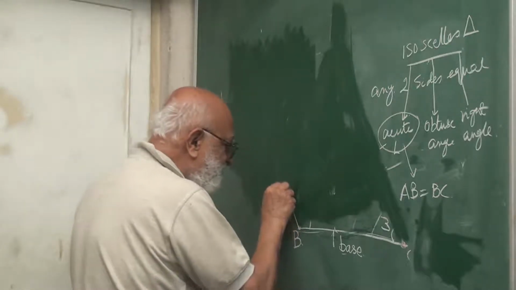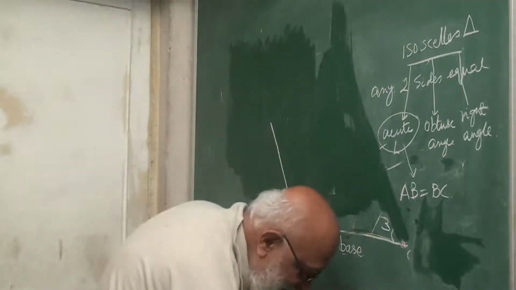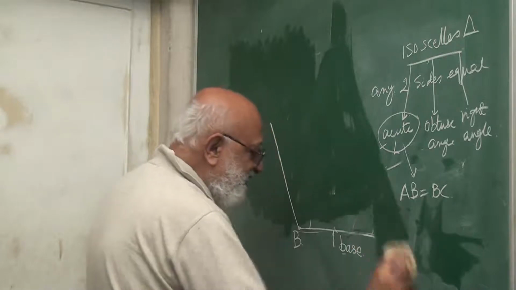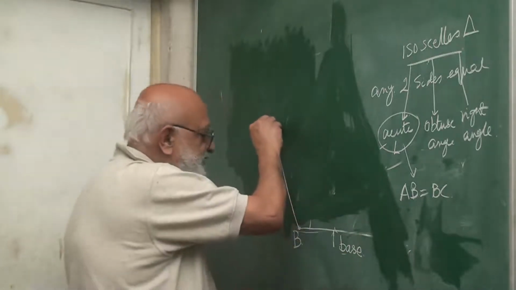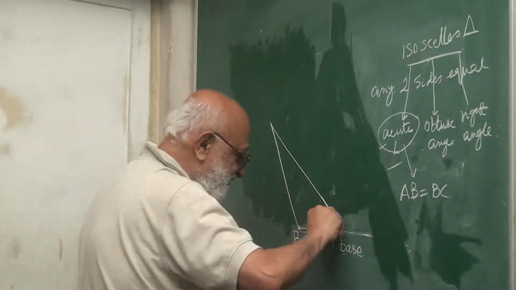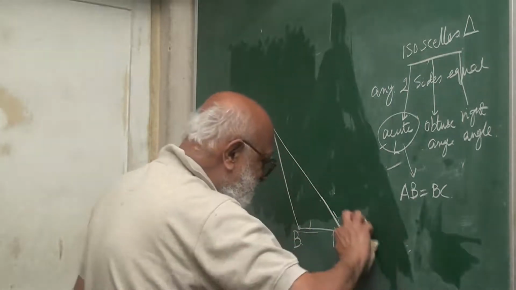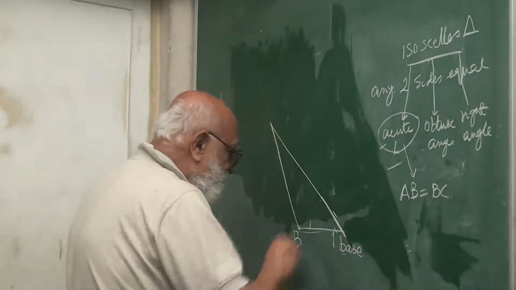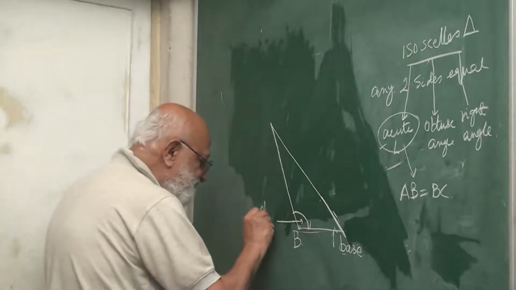So I have done this one, and I have to see that my base may have to be reduced a little bit in order to accommodate these two sides being equal. So it will be something like this. One of these angles will be obtuse, so this angle is obtuse.